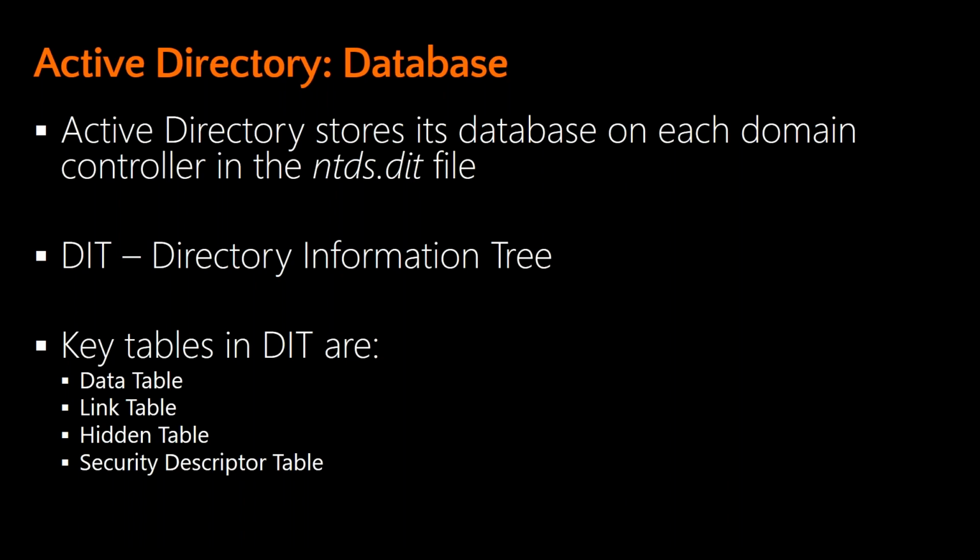The data put inside hidden table allows Active Directory domain controller to locate configuration data in data table. Okay, pretty straightforward. Data table contains information of all our objects inside Active Directory.